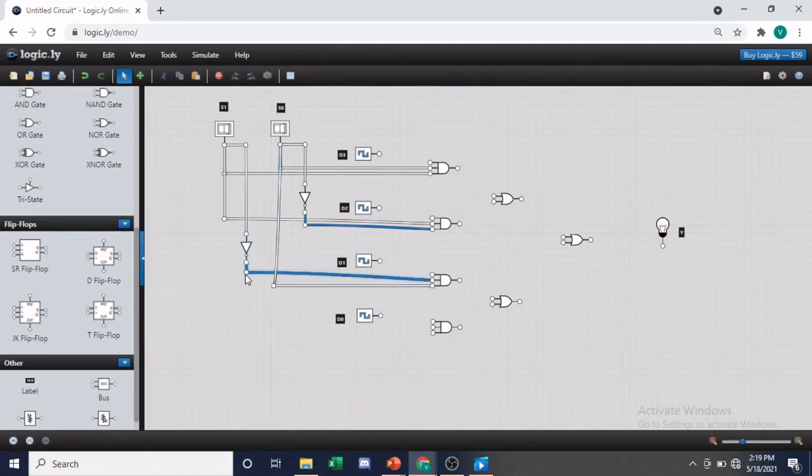So this gives a similar input of 0 and 1. In the next case, we shall give both the inputs as 0. So we are fetching both the inputs from NOT gate of S0 and S1.